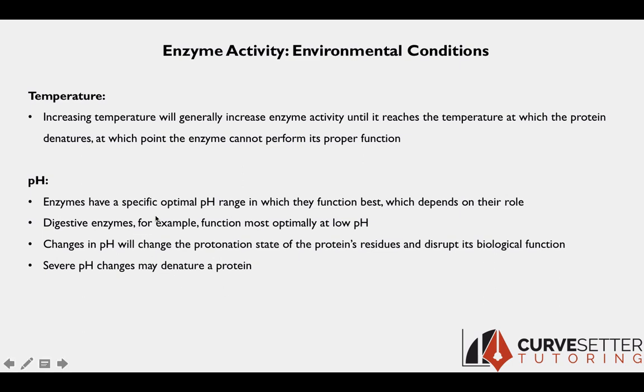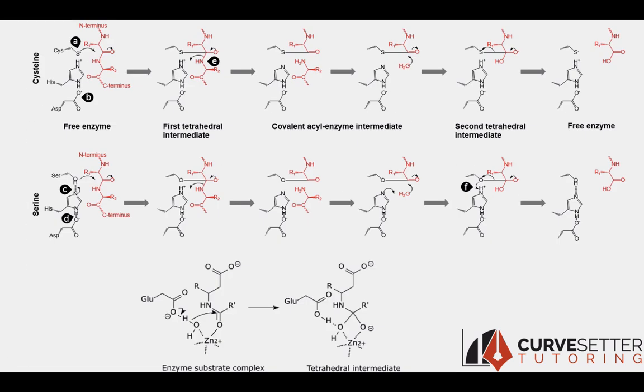Changes in pH from this optimal range are going to change the protonation state of the protein's residues and thereby disrupt its biological function, because if you change the protonation state, you may disrupt salt bridges and dipole-dipole interactions, and you may also disrupt residues which are required for the catalytic functioning. Remember that in the active site, you have some residues, like these here, that are absolutely required for the functioning of that enzyme.